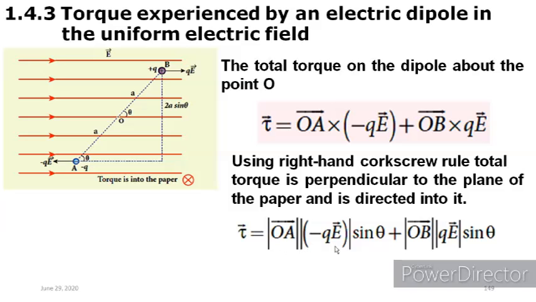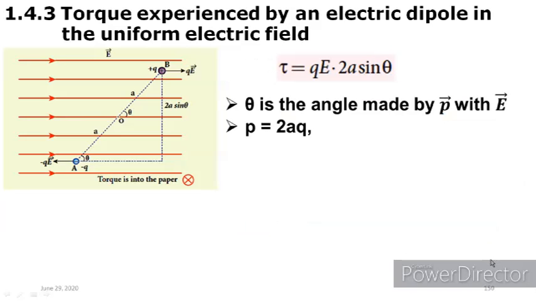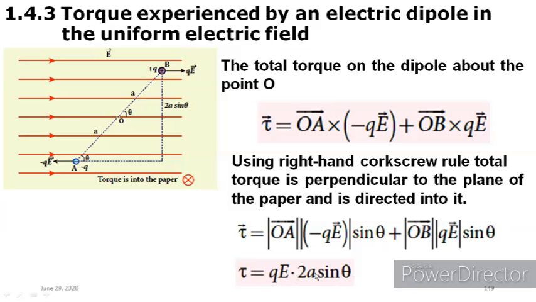So torque is equal to a qE sin theta plus a qE sin theta. When you add this, you will get qE into 2a sin theta.